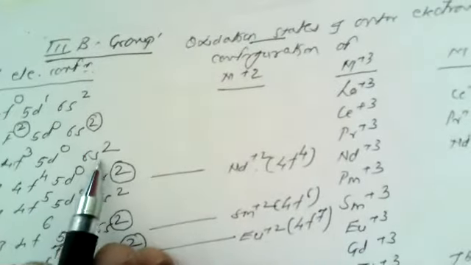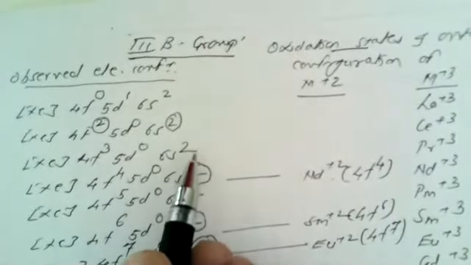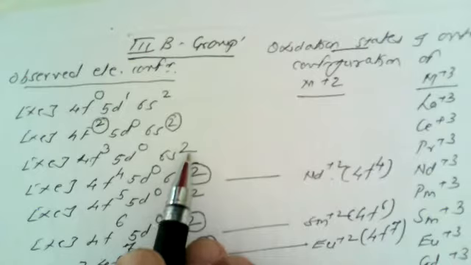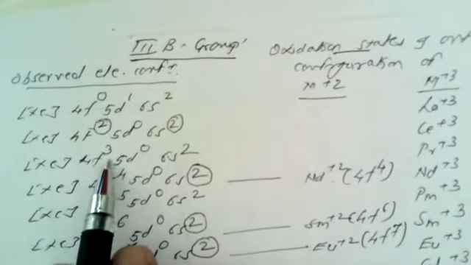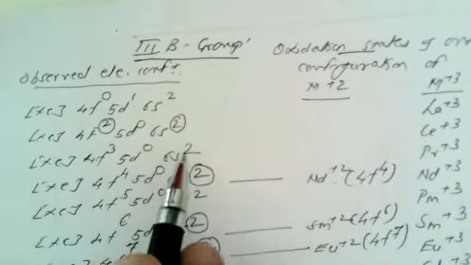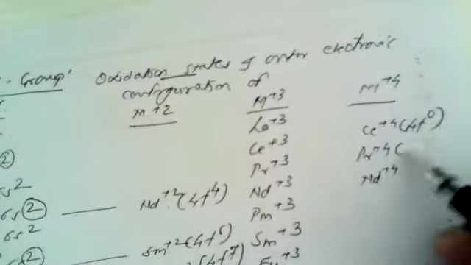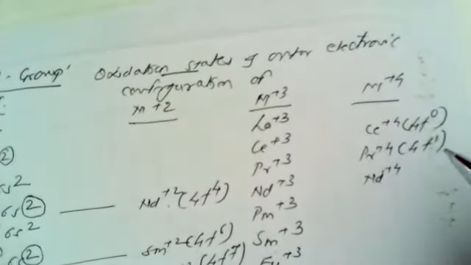Now come to praseodymium having the electron configuration 4f3, 5d0, 6s2. So if praseodymium has to show plus 4 oxidation state, then it should lose 2 electrons from 6s and 2 electrons from 4f. So the remaining will be 4f1. Only 1 electron is left with praseodymium.